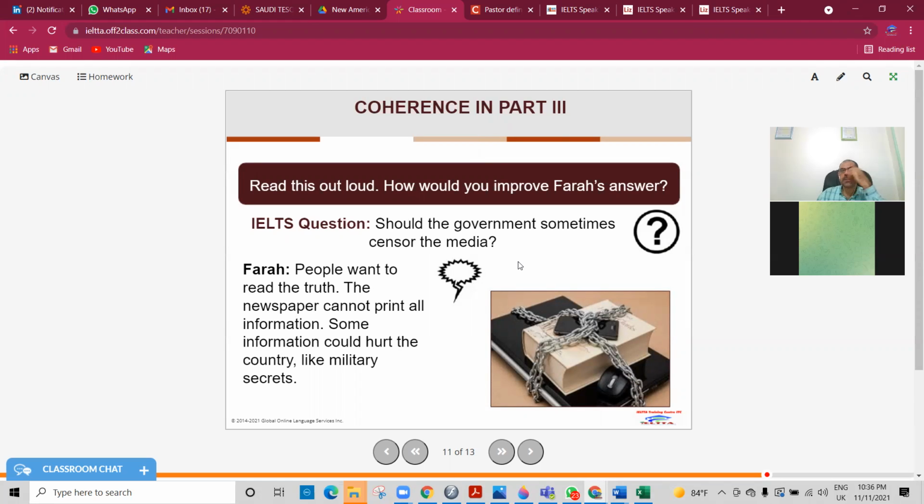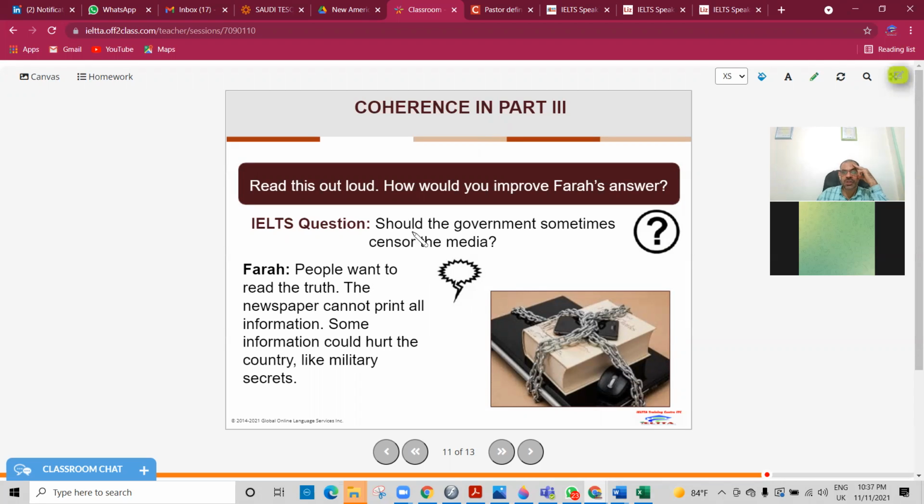Coherence in part 3. As we said in the previous session, you should focus on coherence in part 3 by using something like firstly, secondly, in my opinion, personally, I think, as far as I'm concerned, as far as I know.